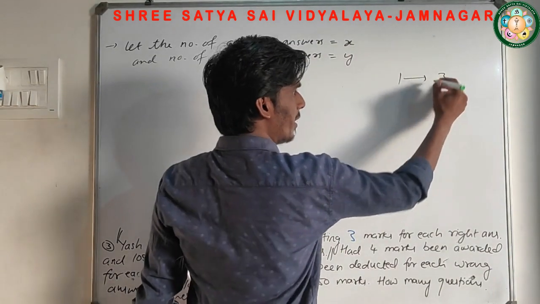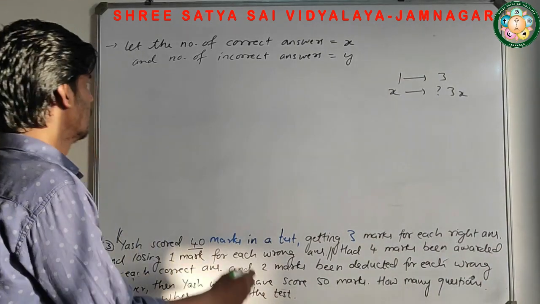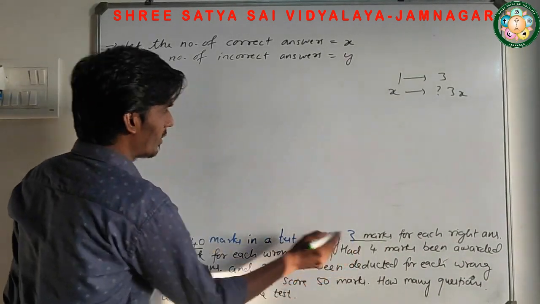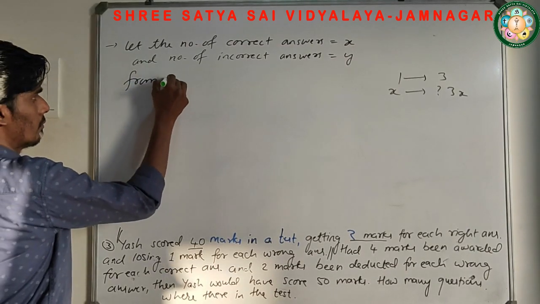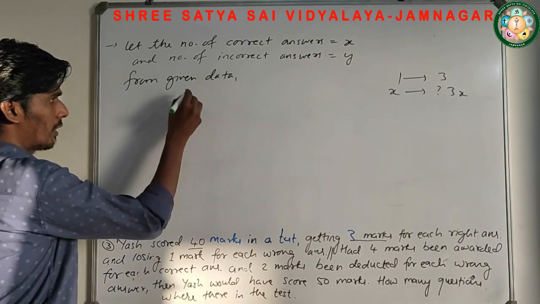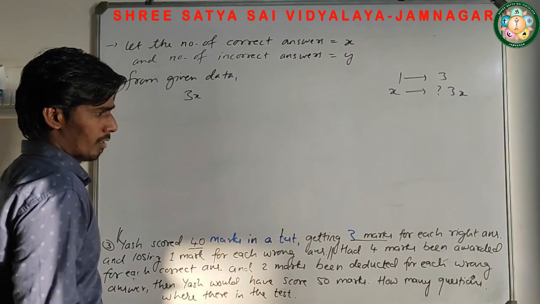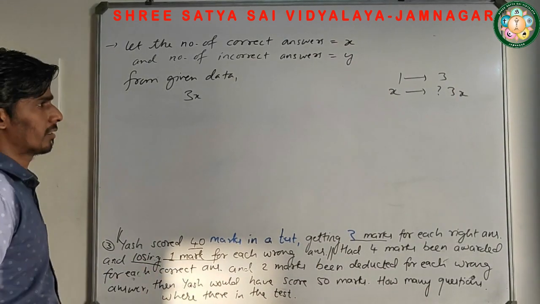For one correct answer there are 3 marks, so for x how many marks? 3x. So from the given data we can write 3x for each right answer, and losing 1 mark for each wrong answer.